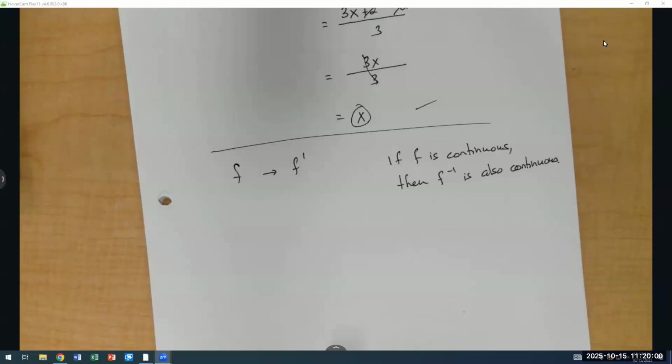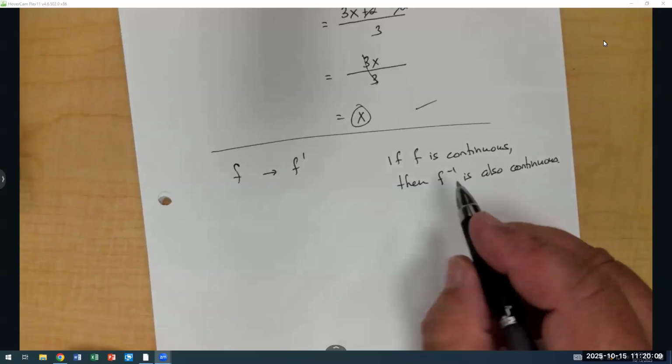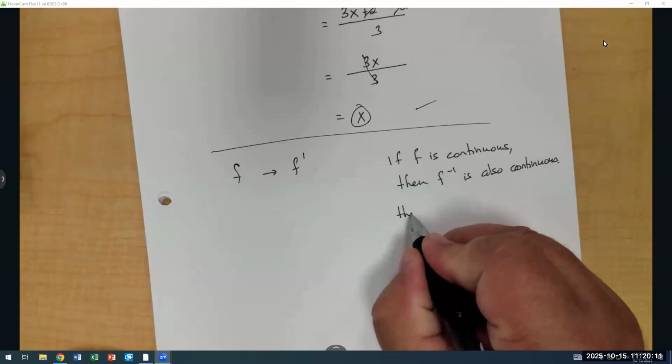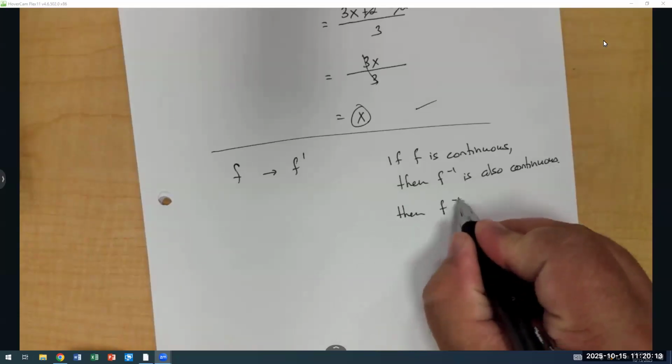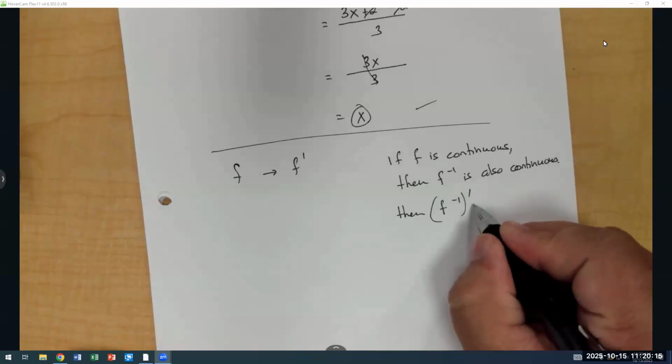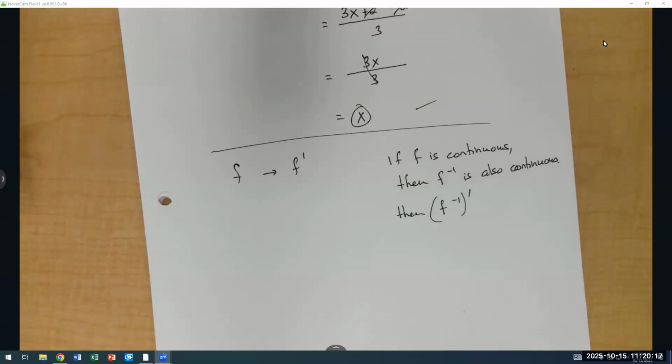Because they both meet the concept of continuity for differentiability, then f inverse has a derivative also. And that's what we're going to try to find here.